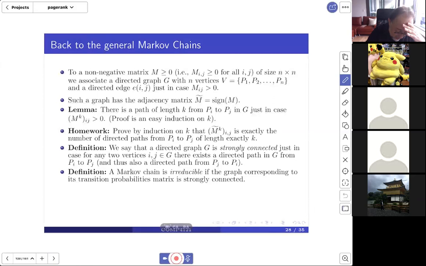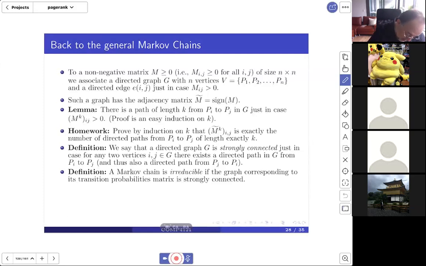Now, definition: a Markov chain is irreducible if the graph corresponding to its transition probabilities matrix is strongly connected. Right?